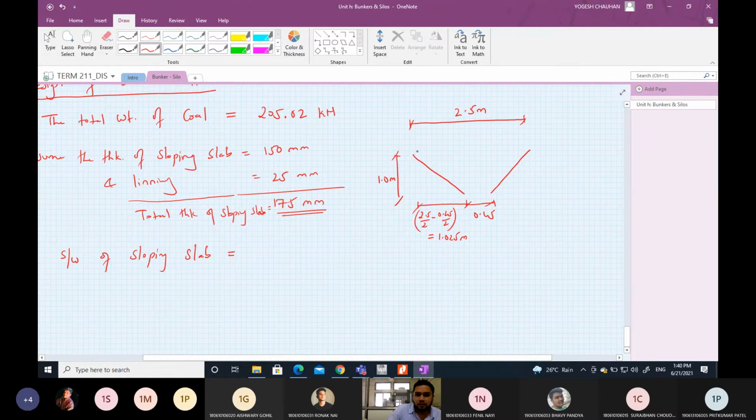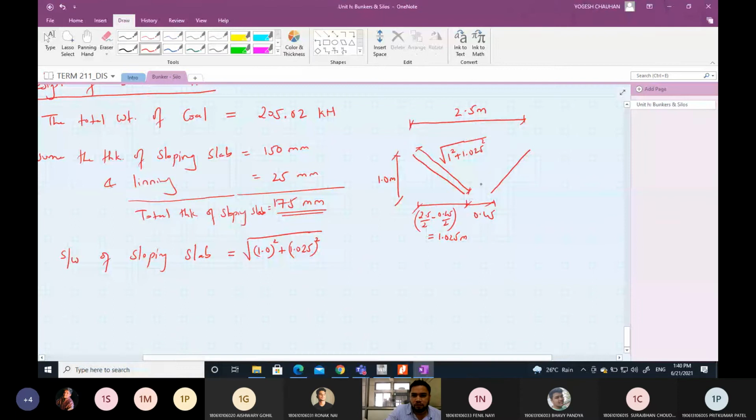So the length of the sloping slab will be square root of 1 square plus 1.025 square. Okay, so the length of this sloping wall will be square root of 1 square plus 1.025 square. This is the length of one wall.